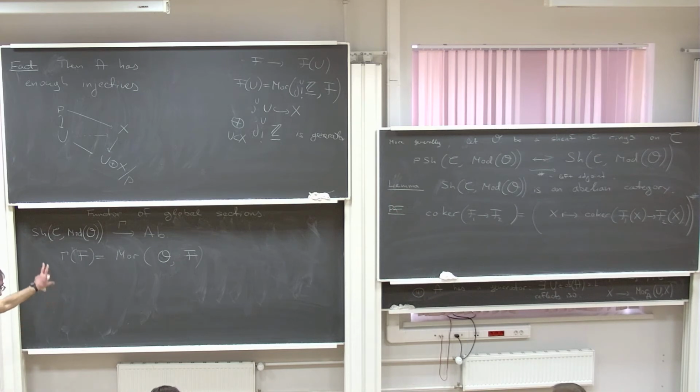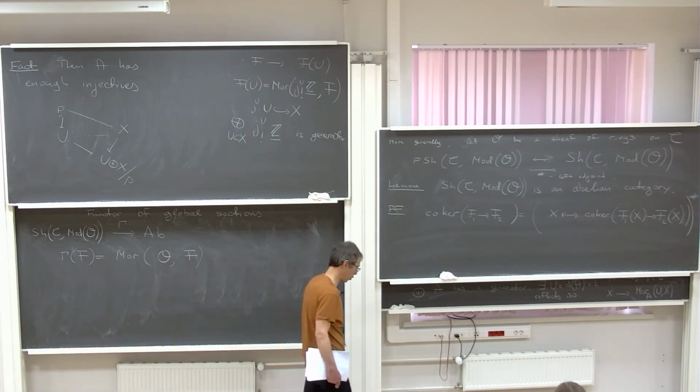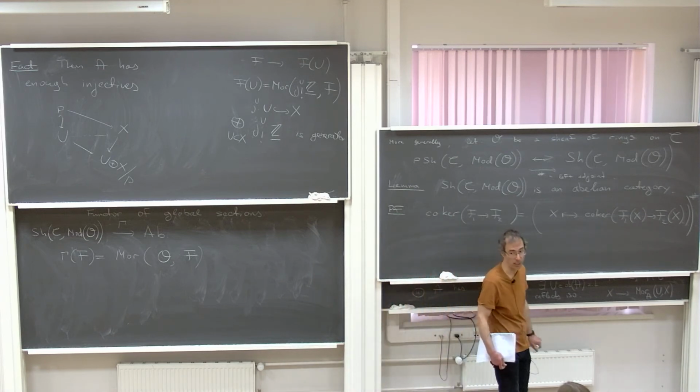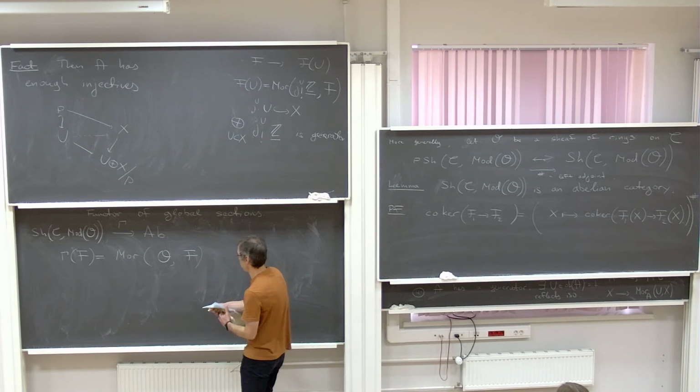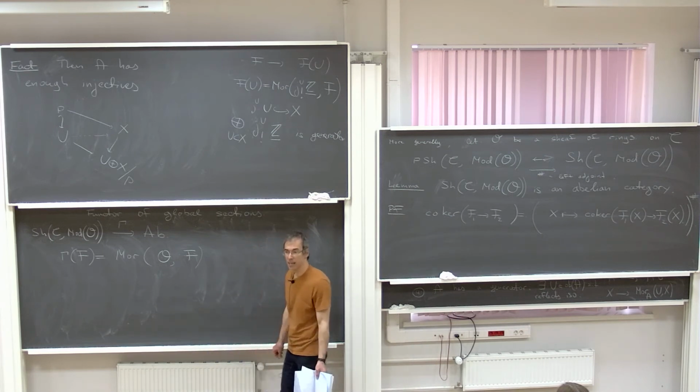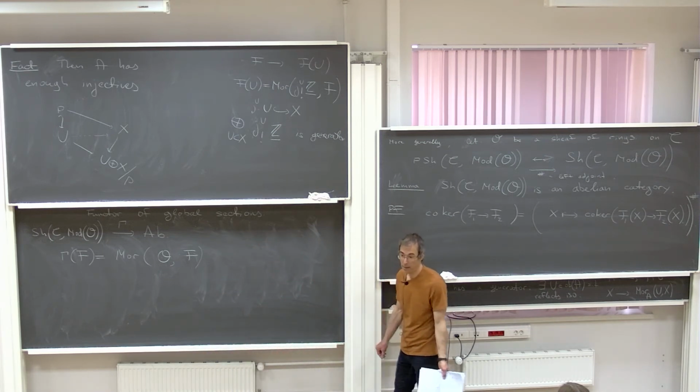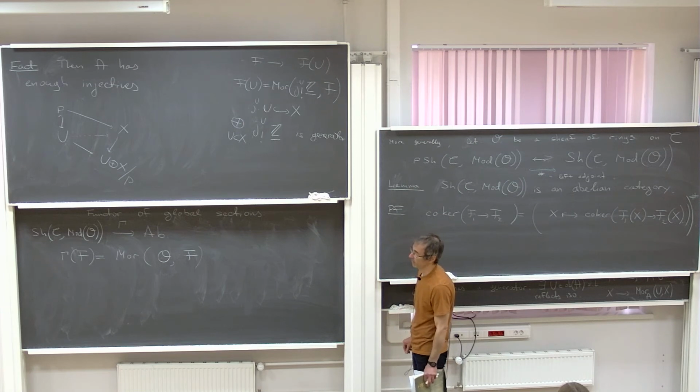So these examples were of sites where you don't have final objects appearing in nature. For example, the crystalline site. In, for example, the étale site, and also in, say, the fppf site, we have final objects.